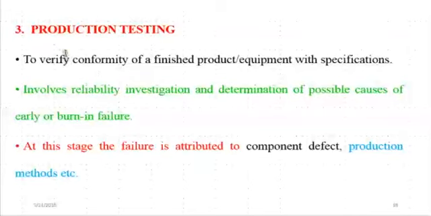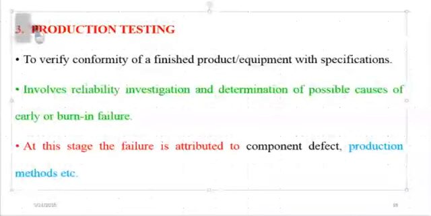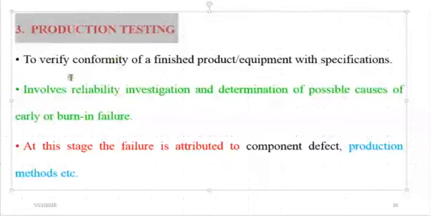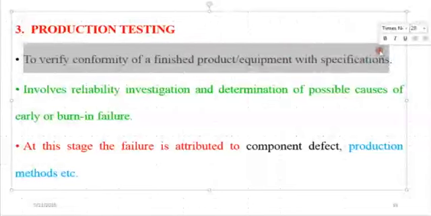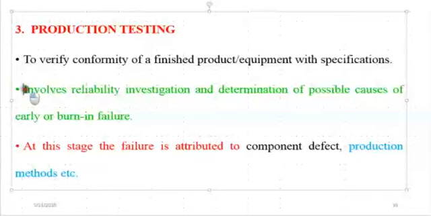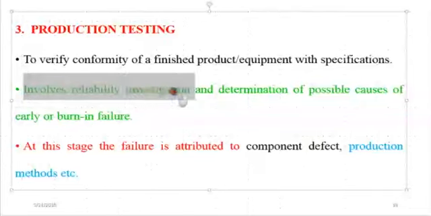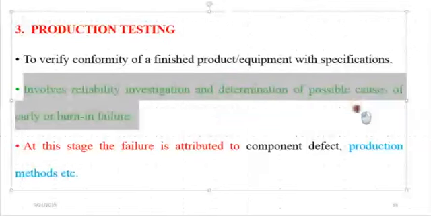So the last type of testing in the manufacturing process is called production testing. We do this production testing to verify the conformity of the finished products with what? The specifications from the design. We also do this production test to investigate some reliability of the system and to determine the possible causes of early or born-in failure. What are the causes of this kind of failures to the device?